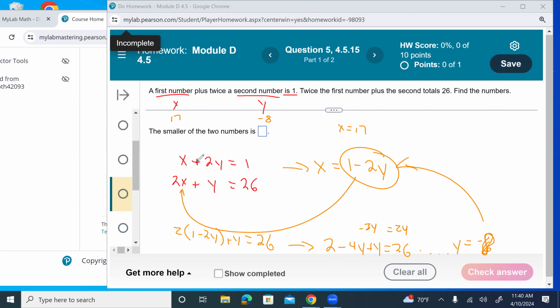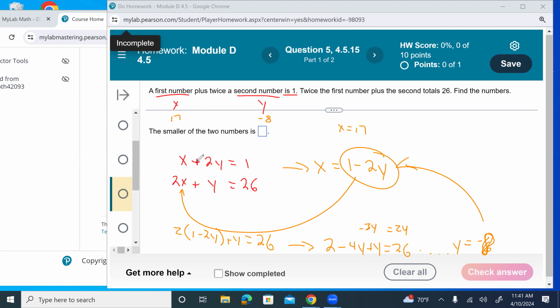Now, if I do the first number plus twice the second number, do I get 1? 17 plus 2 times -8, 17 plus -16, yeah, that's 1. If I do 2 times the first number, 17 times 2, 34, plus -8, does that come out to 26? Yeah, it does.